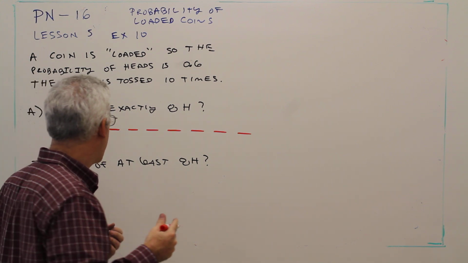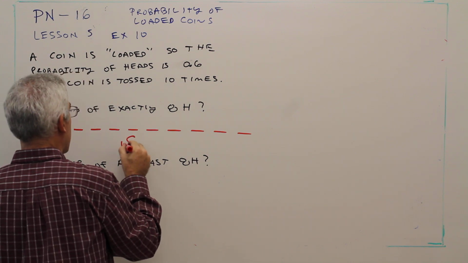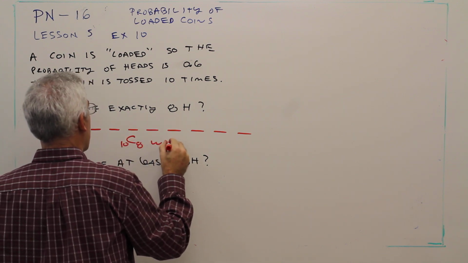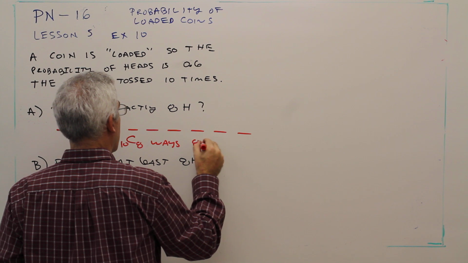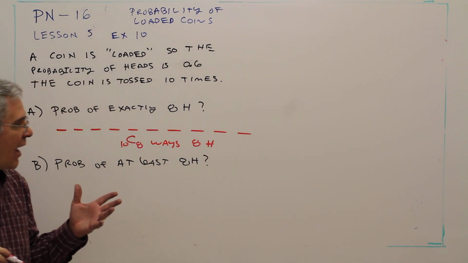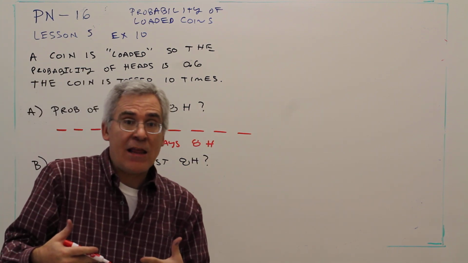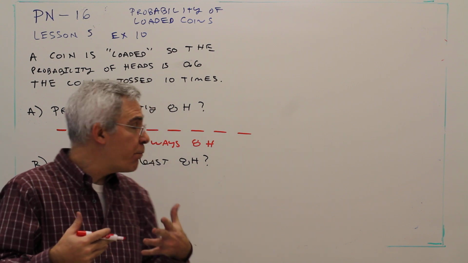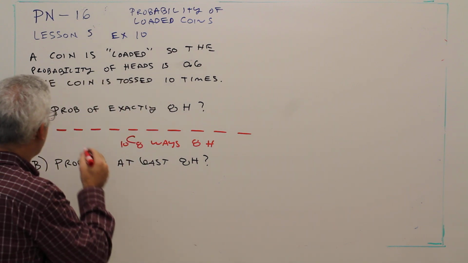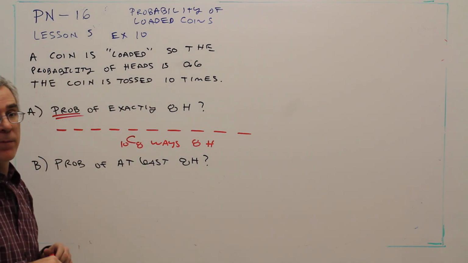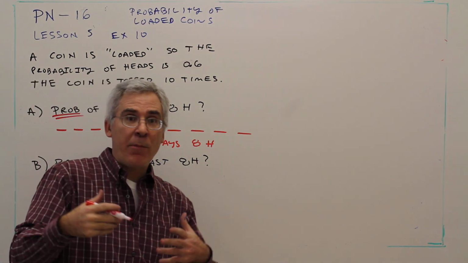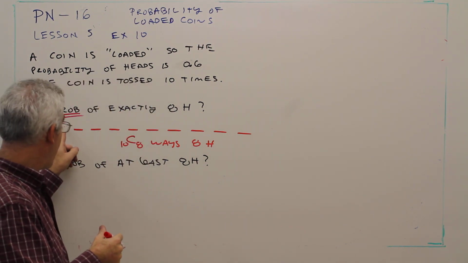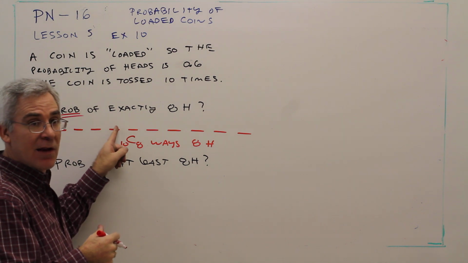10, choose 8. So there's 10 choose 8 ways of obtaining 8 heads. But it didn't ask the number of ways, it wanted the probability. So the probability is going to be the probability of this event times this event times this event times this event.